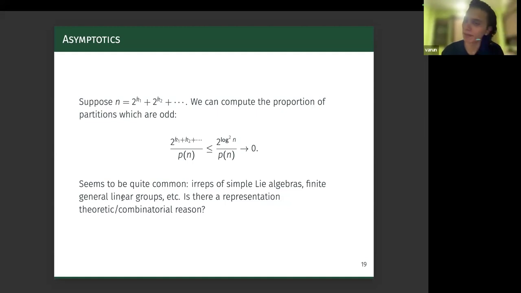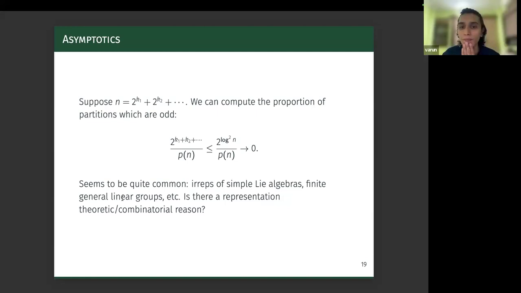What do you mean by the expected power here? I mean, a typical representation, you expect its dimension to be divisible by any of these primes. How many times do you expect it to be divisible on average, and what is the distribution? I see. That makes sense. And it might give some kind of clue as to what the combinatorial reason is. That is true.